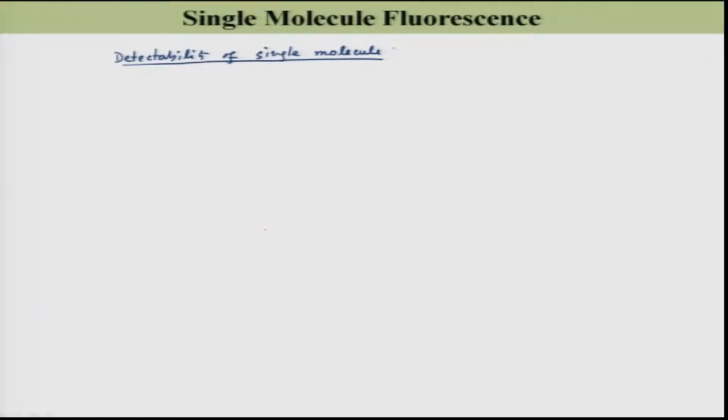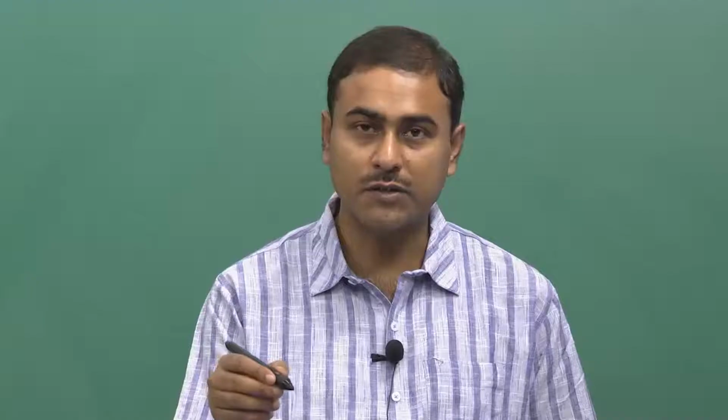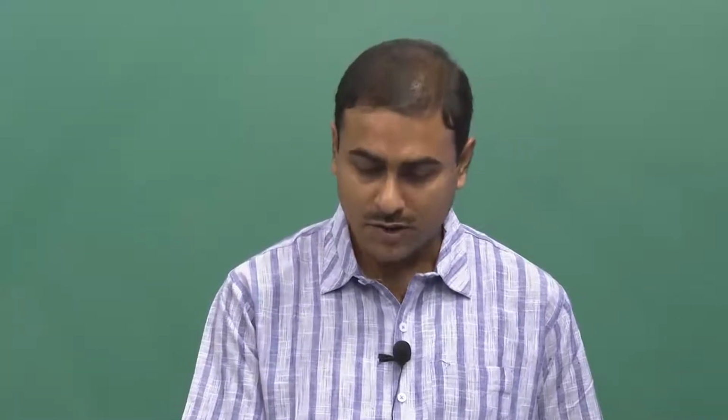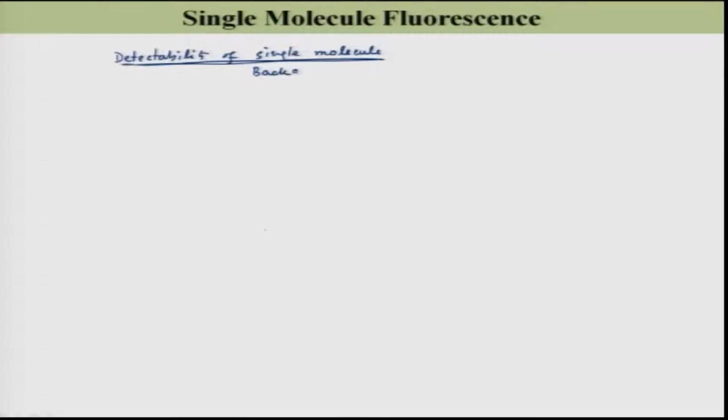Most importantly, I need to ensure that the number of photons coming out from a single molecule is more than the background signal. In other words, the background should be very, very low. So, the background signal should be extremely small.